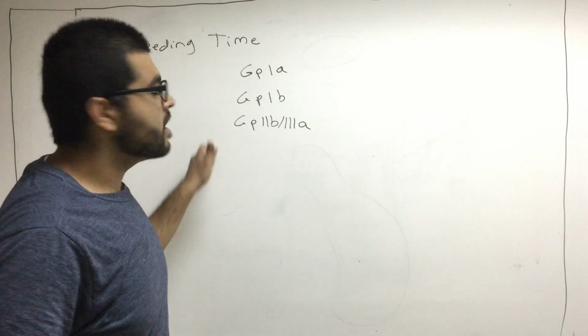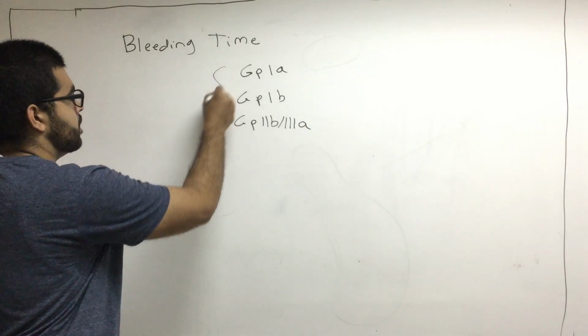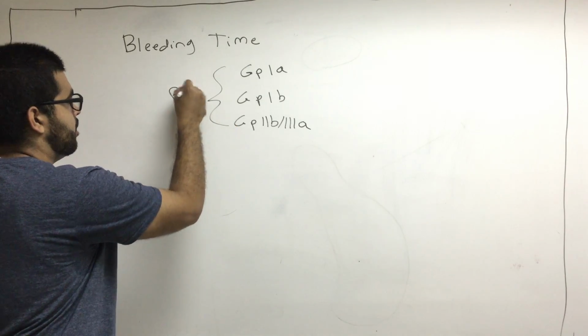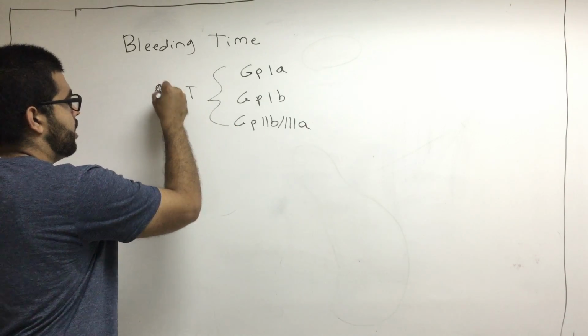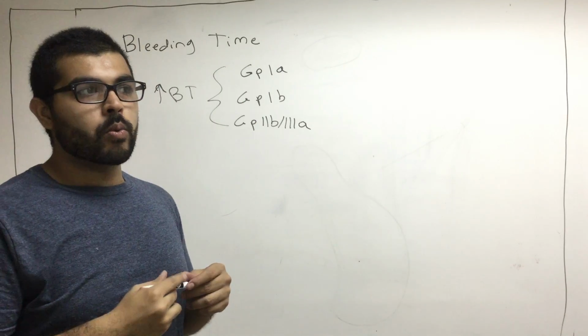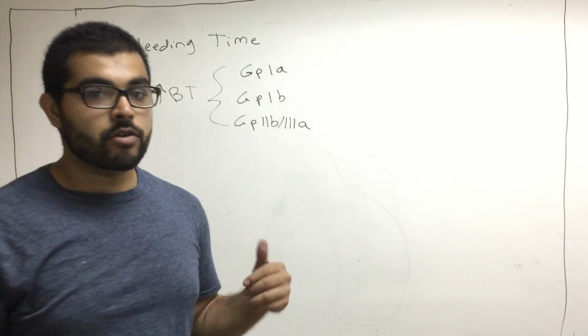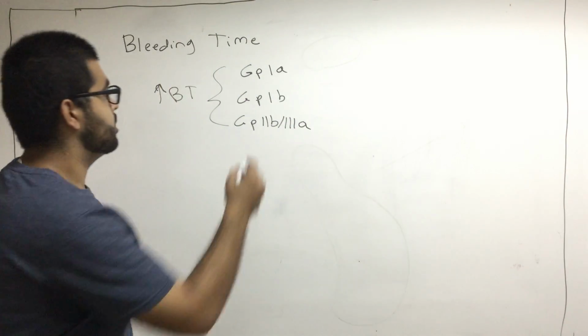And if you have a defect in any of those, your bleeding time will increase. So if you have a GP1B deficiency, which disease could you get? You could end up with B for Bernard-Soulier.